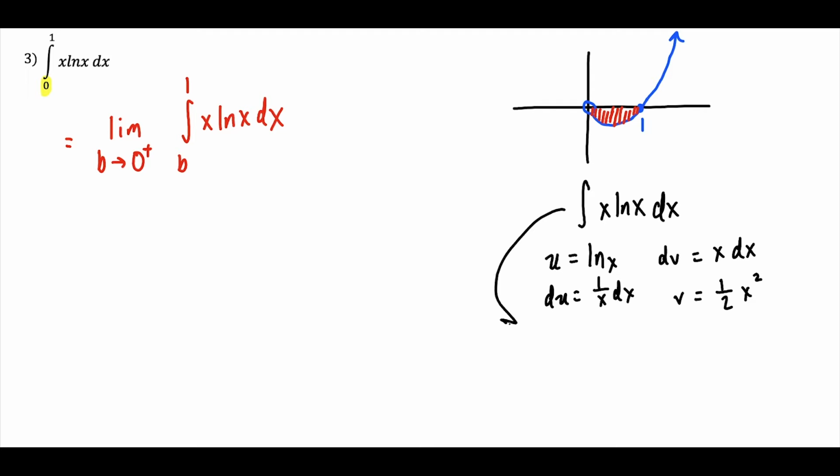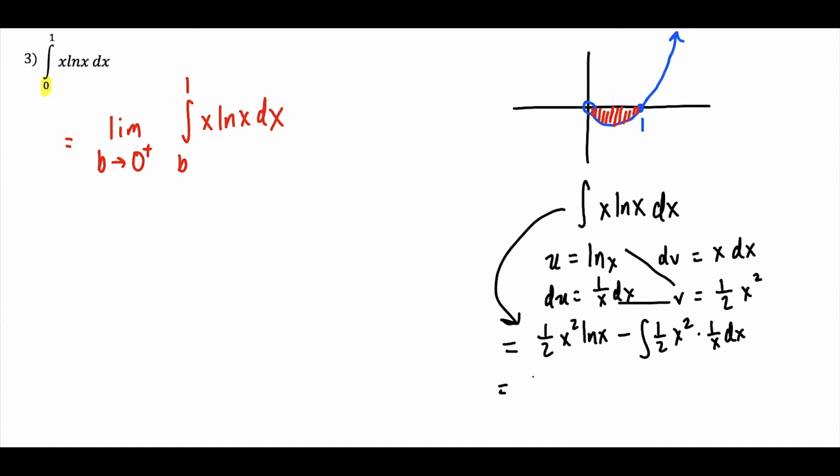So this integral, if we work this out, is equal to u times v. So we're going to have 1/2 x squared natural log x, and now minus the integral of v times du. So we're going to have minus 1/2, and we've got x squared times 1 over x dx.